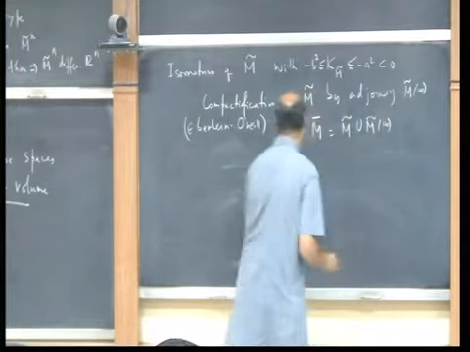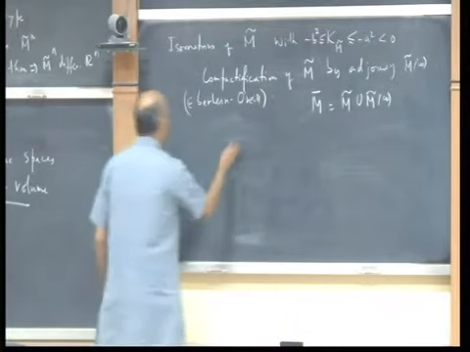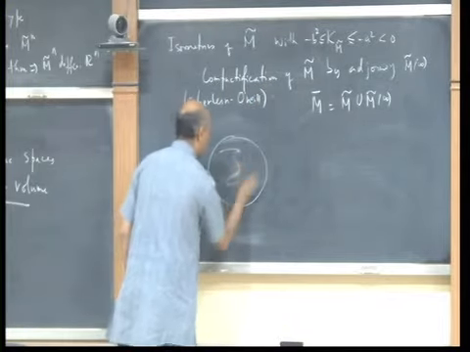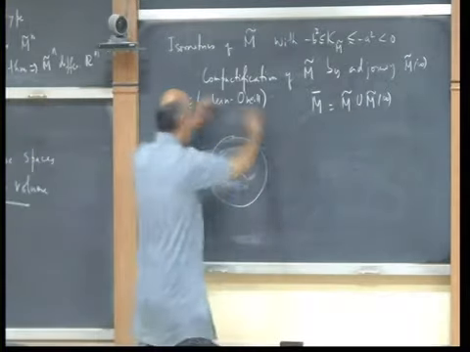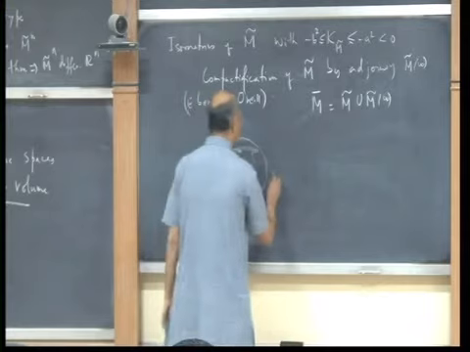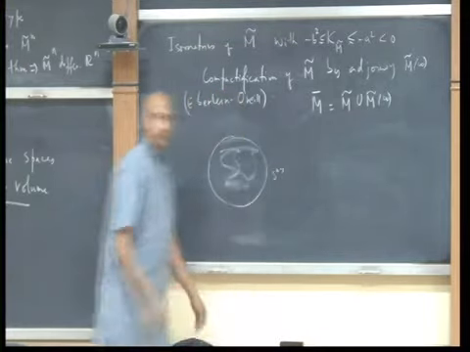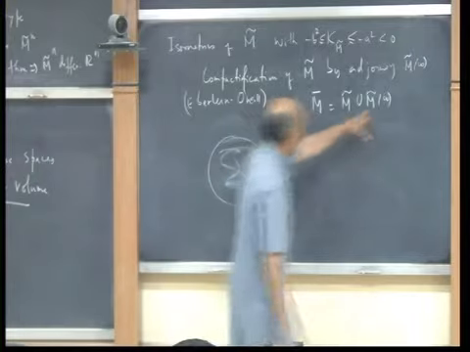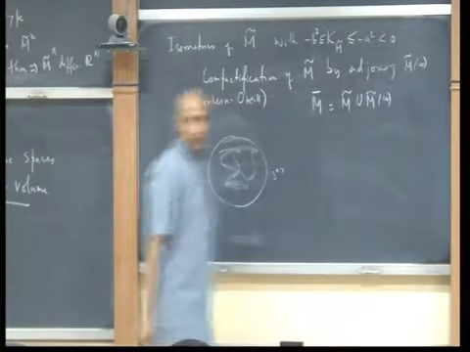I'll say a little bit. M tilde, as I said, is diffeomorphic to R^n, so I'll just write it as, let's say, the open unit ball. And the open unit ball has this sphere, the unit sphere S^(n-1). And in fact, you can identify M tilde infinity topologically with the (n-1)-sphere.